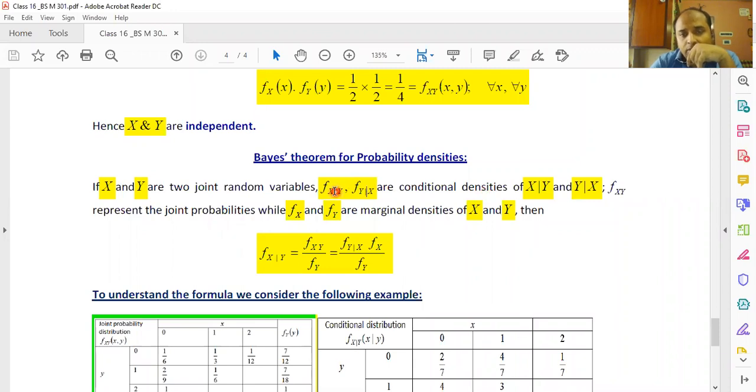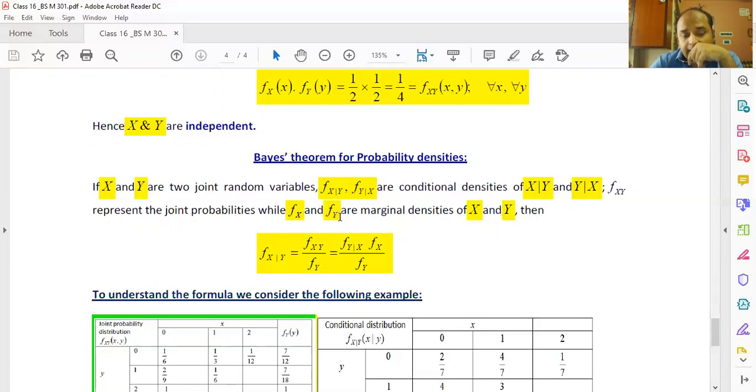These are the notations. I am only using the notation of the functions. f of x given y and f of y given x represent the conditional densities of the variables of type capital X given capital Y and capital Y given capital X. And suppose f of xy represents the joint probability of the random variables X and Y, and similarly fx and fy represent the marginal probabilities of the random variables capital X and capital Y respectively.